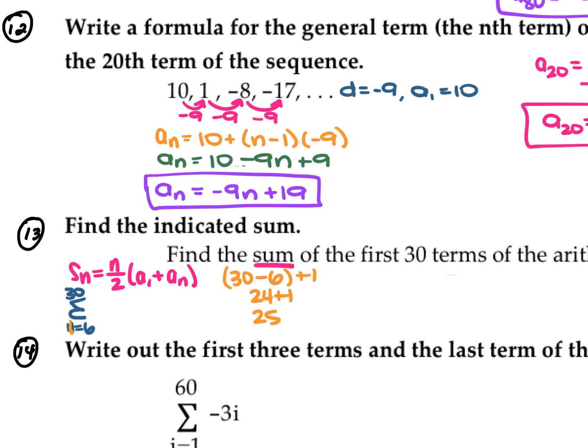So if we plug that in, you're going to have 25 over 2 times a sub 1, which we said is 6, plus a sub n, which is what? So to find your 30th term, to get that a sub n, you can't use what you have here. You have to use the formula that we used in the two questions before this, that a sub n is equal to a sub 1 plus n minus 1 times d. We said your common difference, d, is 10.